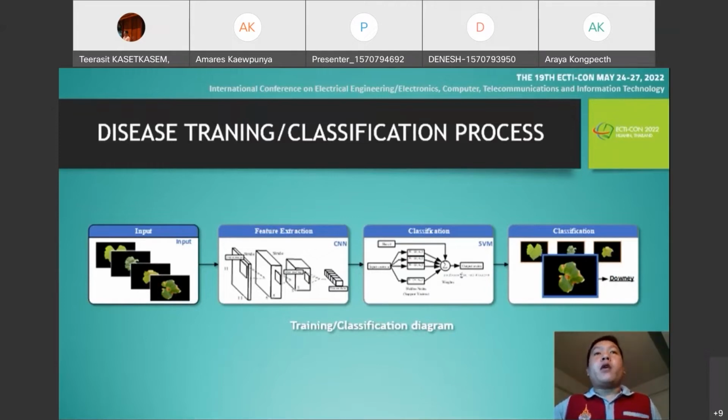The diagnosis process begins with the input image of cleft lip disease being sent to the SVM model that has been trained. Then the system seeks the distinct features of the disease by the convolutional process and classifies them.